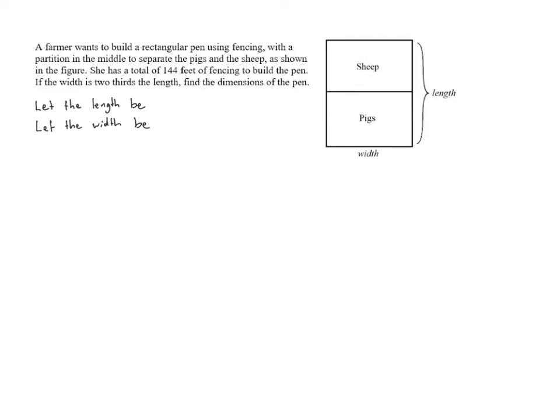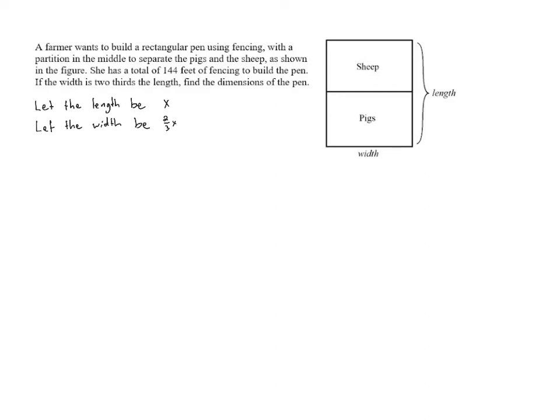Now we need to find the part of the problem that compares the length and the width, and it says if the width is 2/3 the length. Because we're given the width in terms of the length, the length is going to have to be x, and since the width is 2/3 the length, the width is going to be 2/3 x.